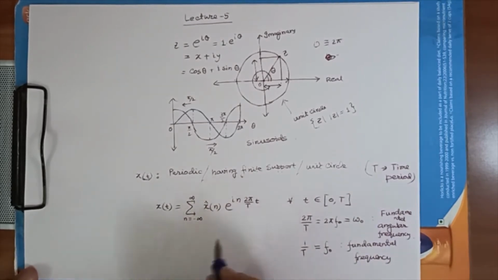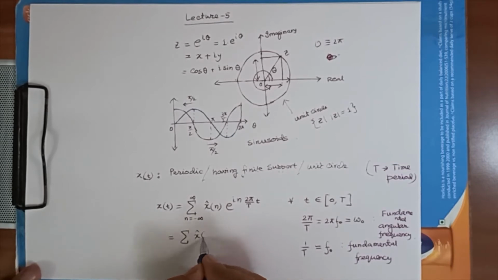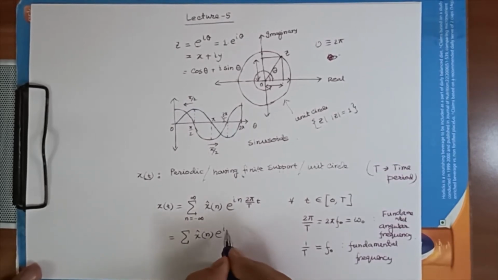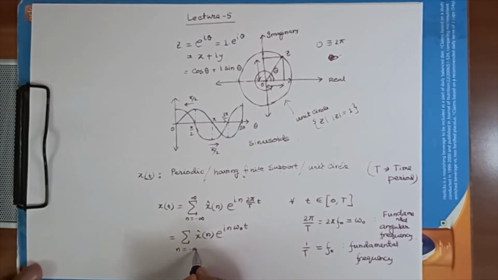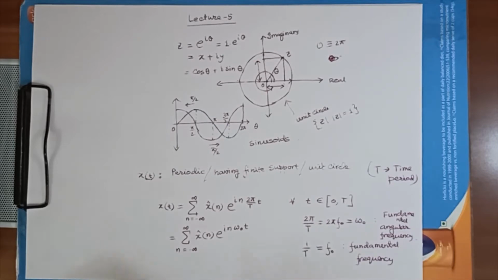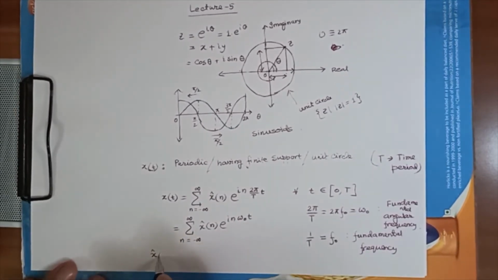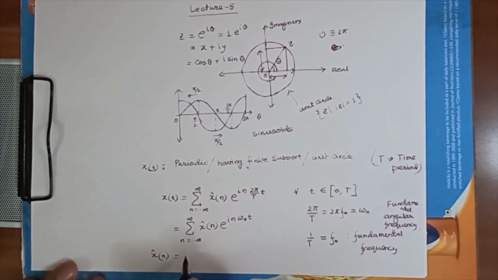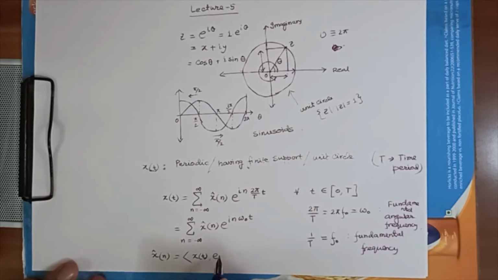Then we can replace 2 pi by T by omega 0, and we can have this form: x hat n e to the power i n omega 0 t, for n equal to minus infinity to infinity. This is the Fourier series expansion, where x hat n is given by the inner product of x(t) with e to the power i n omega 0 t.